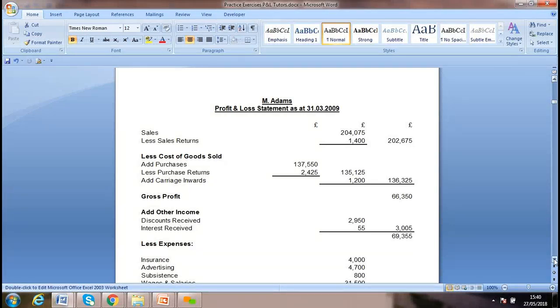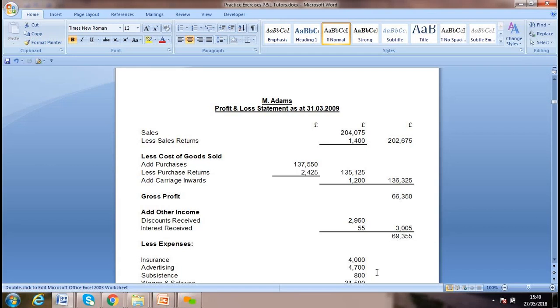That's an income for us, and the income is called other income. We are adding it because this is not our normal business. We paid early and they gave us discount. They don't always give it, but they gave us this time. Okay, interest received is income. The bank gave us interest. So other income, we need to add that figure because we're doing the profit and loss account.